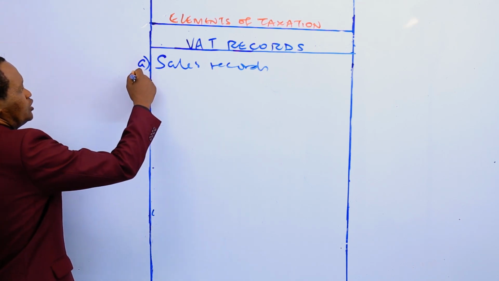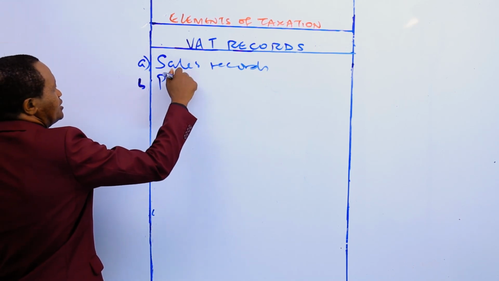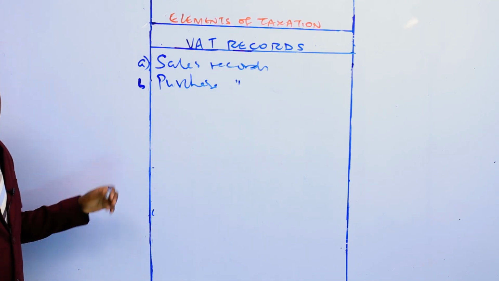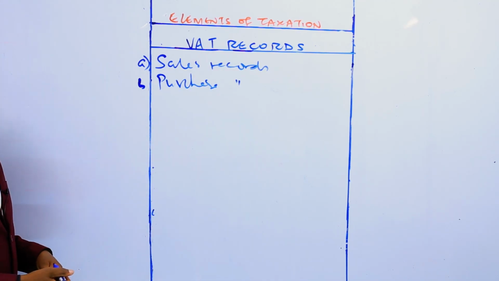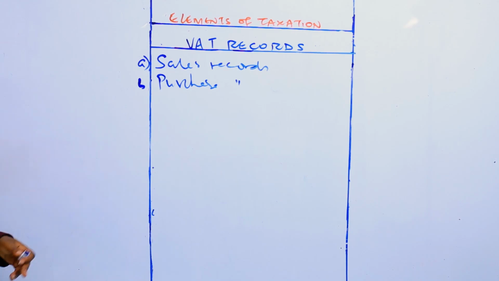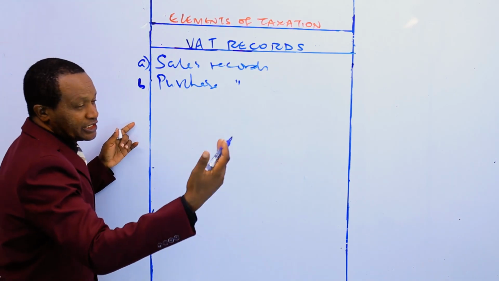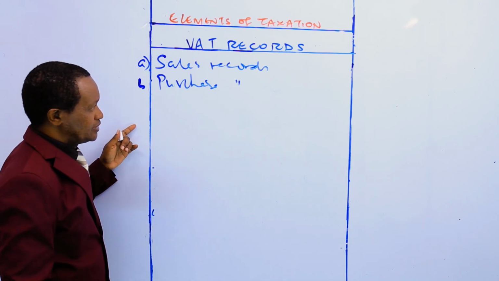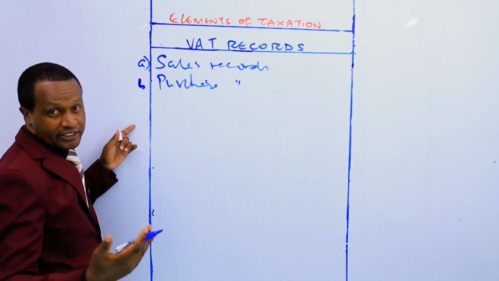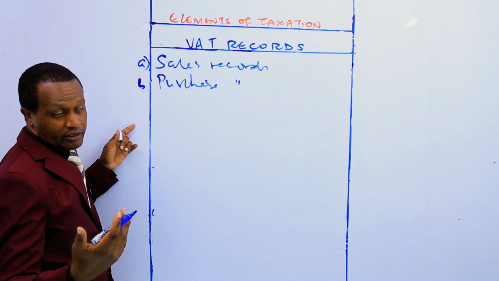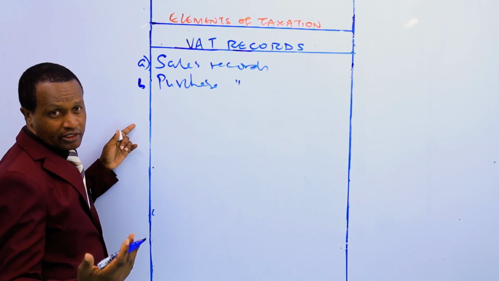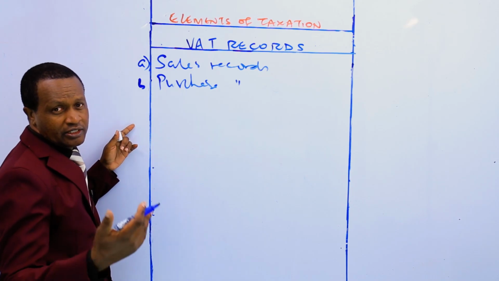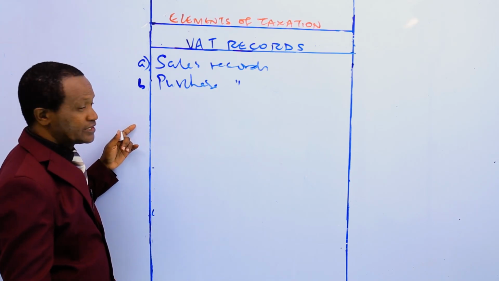Then we have 2, purchase records. These are original e-TIMS generated tax invoices received for all taxable purchases, which are essential for claiming input tax. Purchase receipts are also to be kept, and order details. For example, the local purchase orders, the contracts, the tenders, and so on.